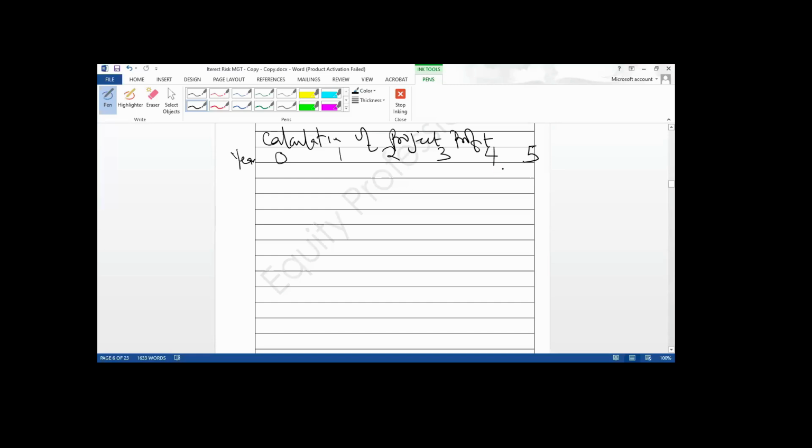The project is for 4 years, but because tax is paid in arrears, that will take us to year 5.